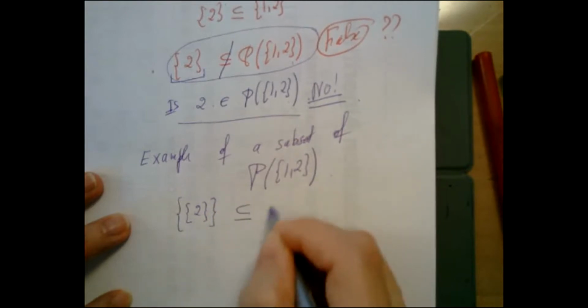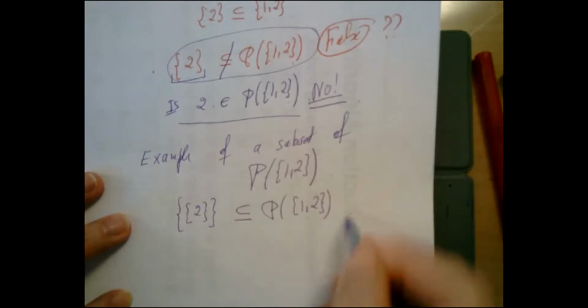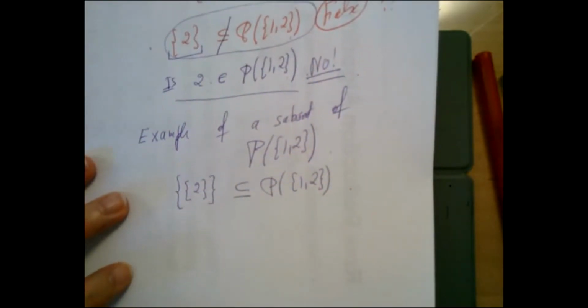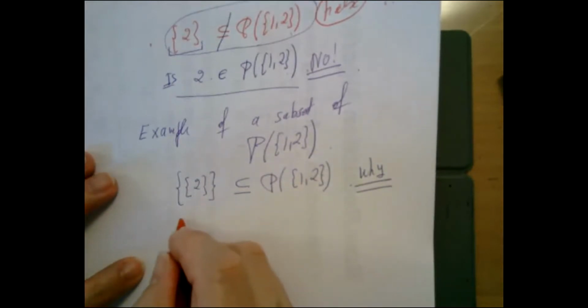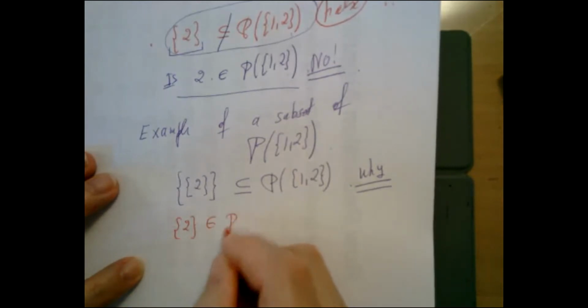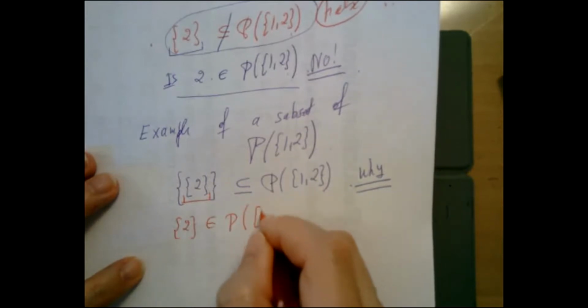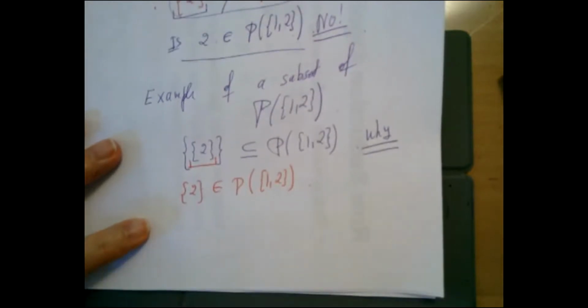Yeah, now we're talking. That's a subset. And why? If I ask you to justify, how would you justify? Why is this a subset? Because the element of that set is the set {2}, which is in the power set. Right, because the element here is in the power set of {1}. All right, that's how we justify.